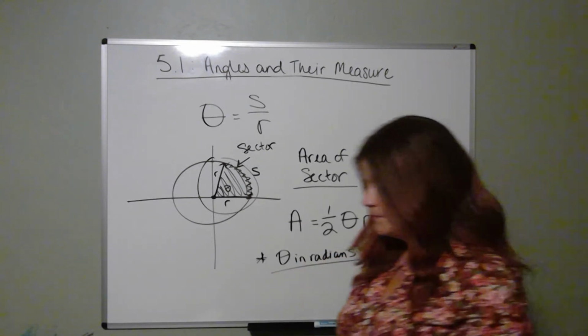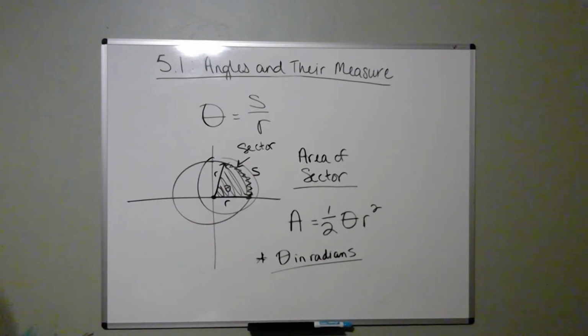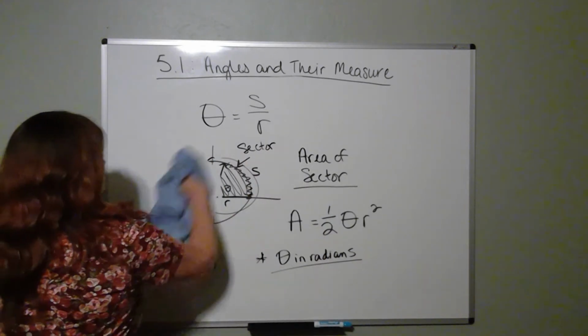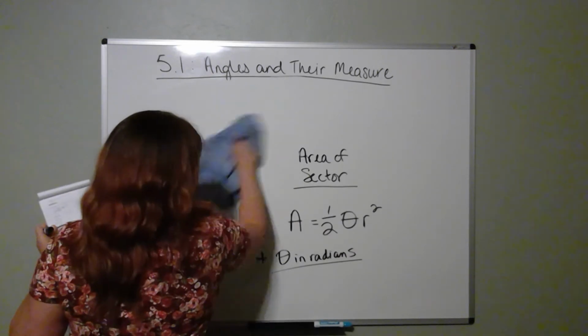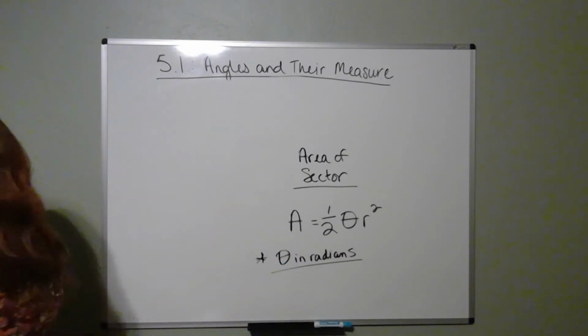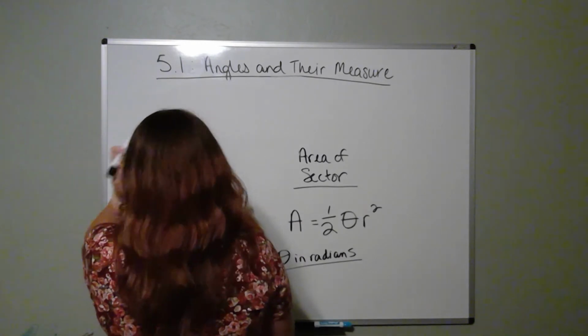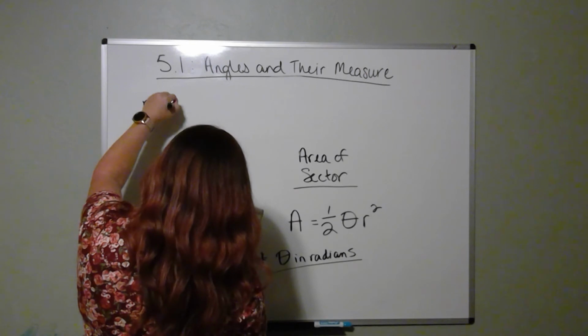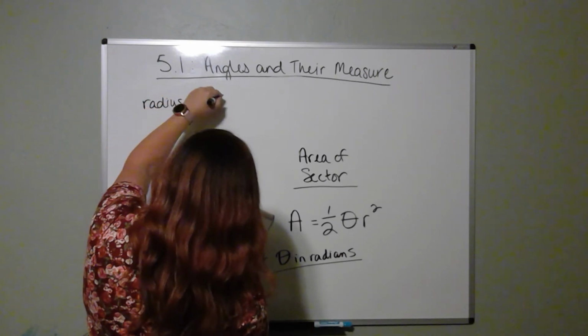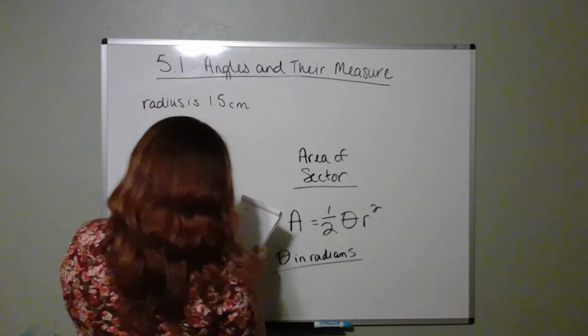So, example. Let's say we have a circle where the radius is 1.5 centimeters.